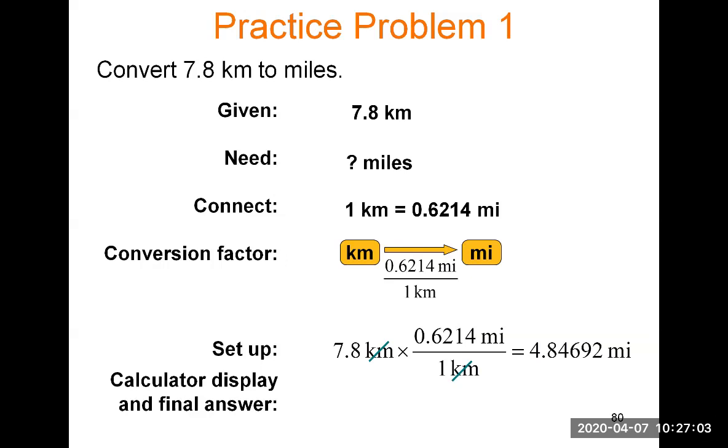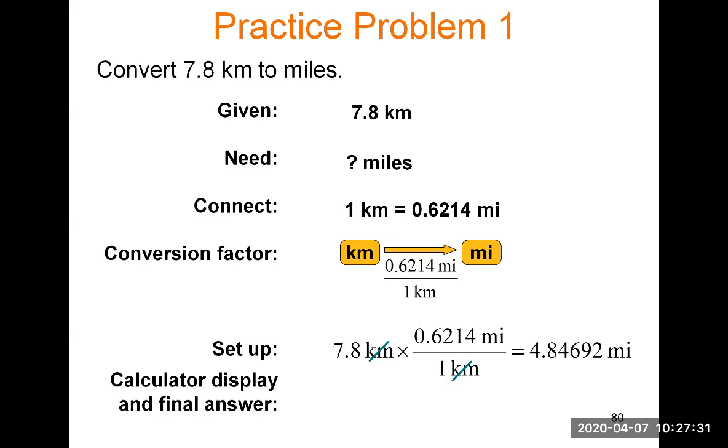The 1 kilometer is an exact number there. The 0.6214 miles are measured, because between the metric and the US system, we had to do some measurements. The one was made exact, the 1 kilometer, but then the miles were measured. But this number in miles has 4 significant figures, right?